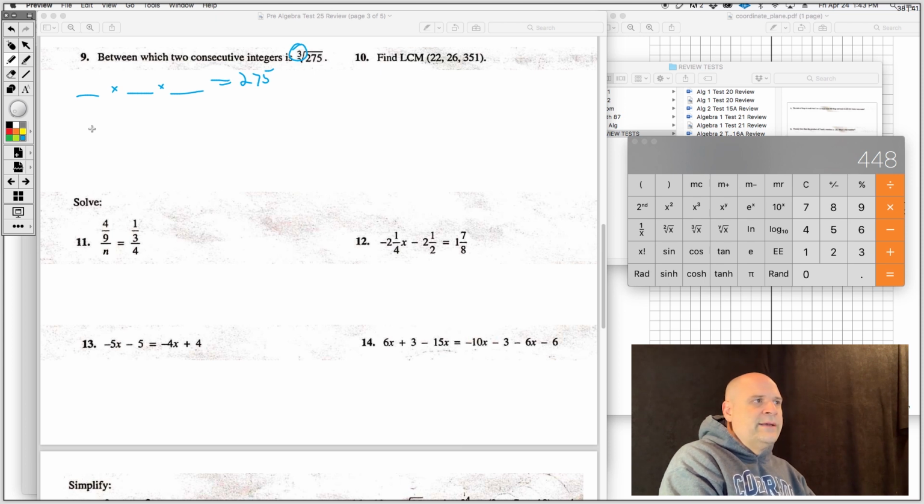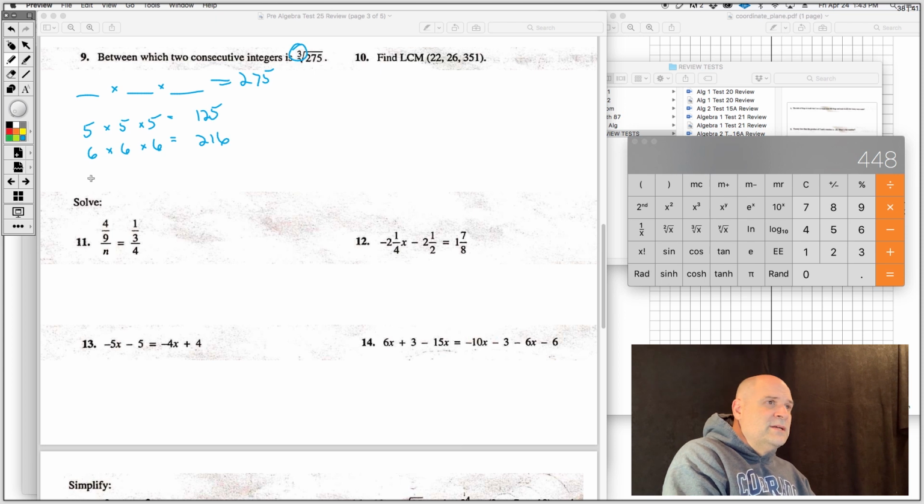So let's try 5. So 5 times 5 times 5 equals 125. That's a little low. Let's try 6. 6 times 6 times 6 is 216. Ooh, getting closer. 7 times 7 times 7 is 49 times 7 is 343.